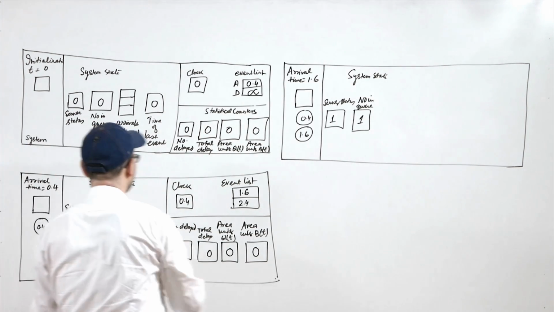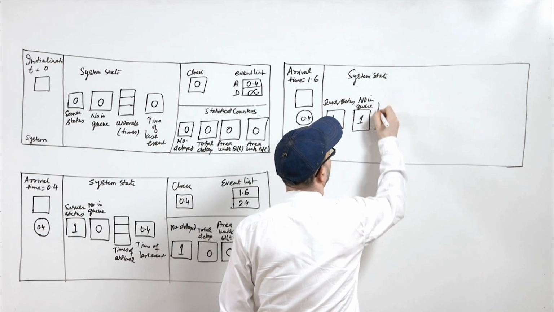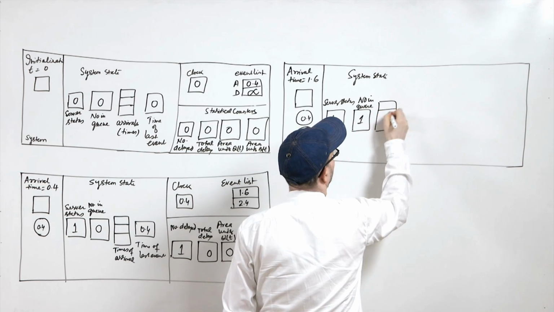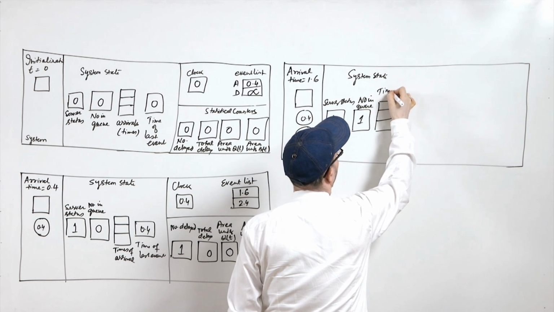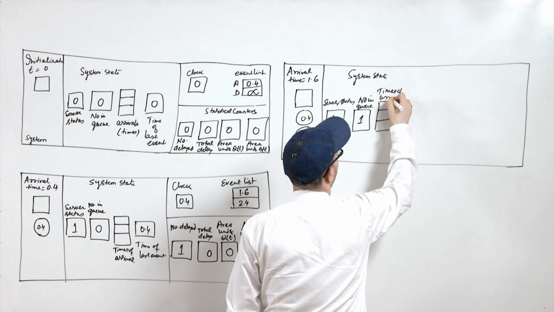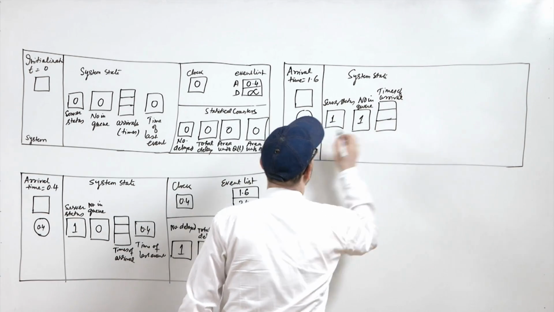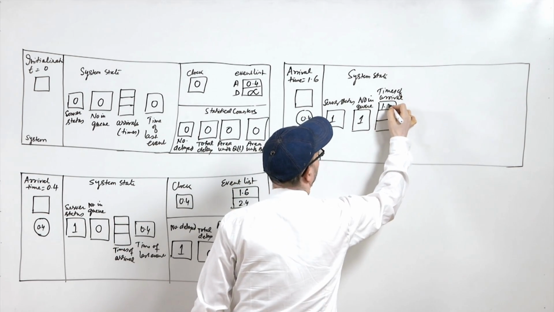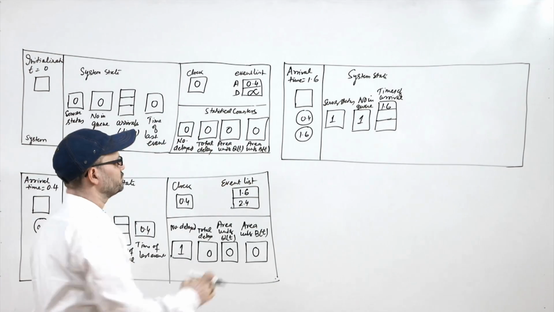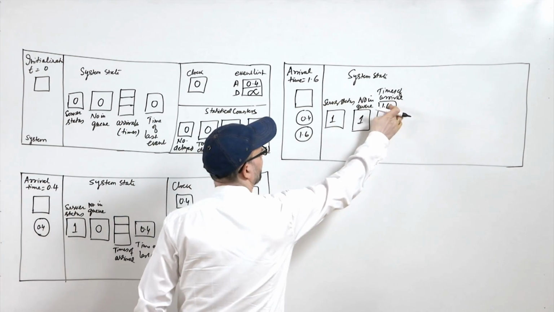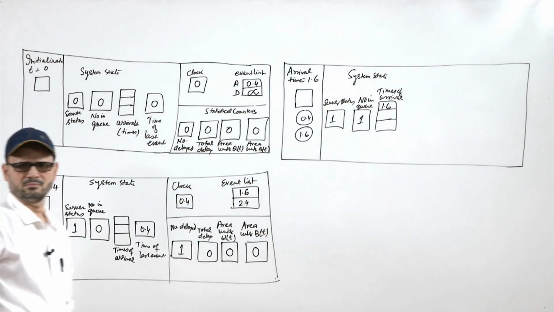Then you have times of arrival. This person's arrival time is written here, because once the first person moves, this person will come and join the server.